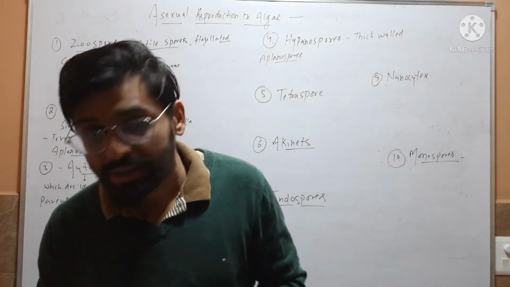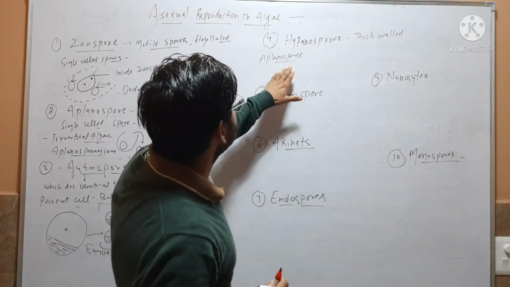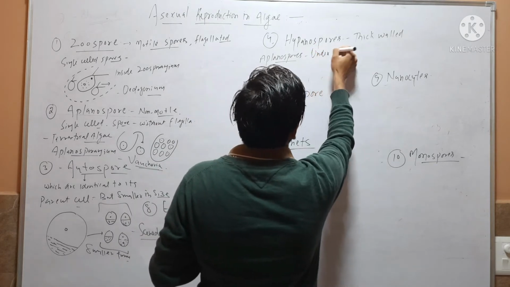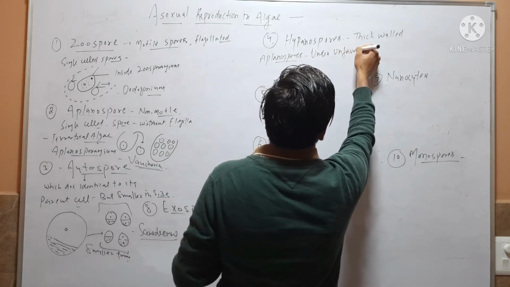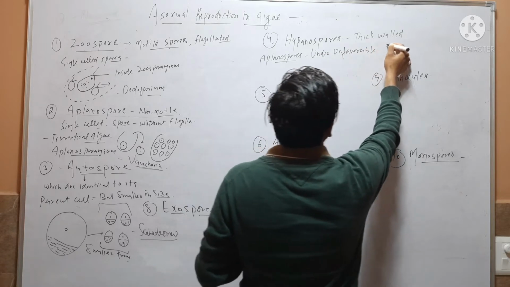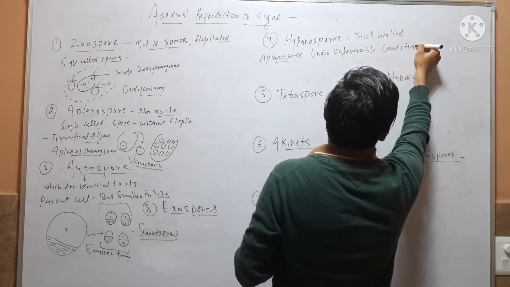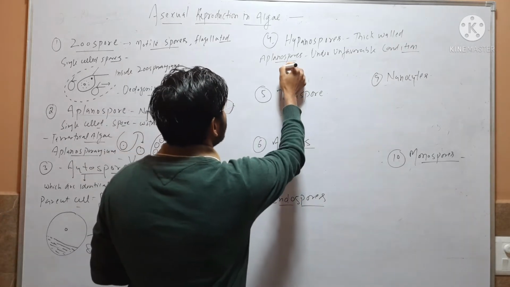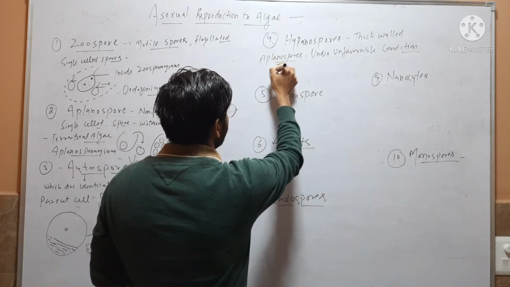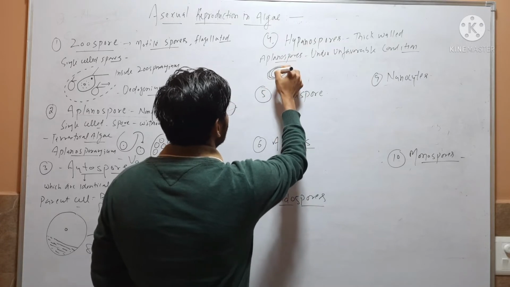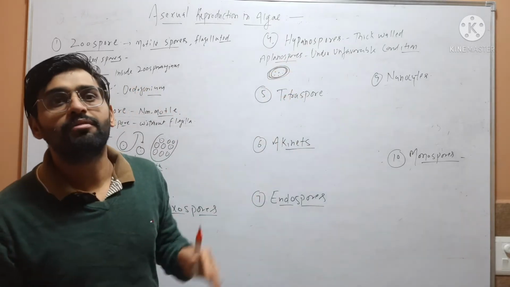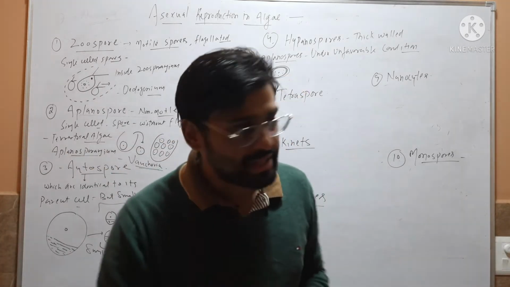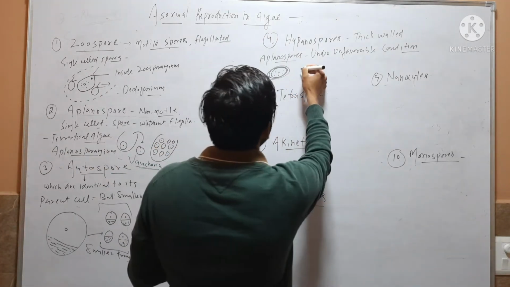So these are thick-walled aplanospores which are formed under unfavorable conditions. So these are thick-walled. Here an aplanospore becomes thick-walled due to unfavorable conditions, and this is called a hypnospore. So these are formed in Chlamydomonas nivalis.